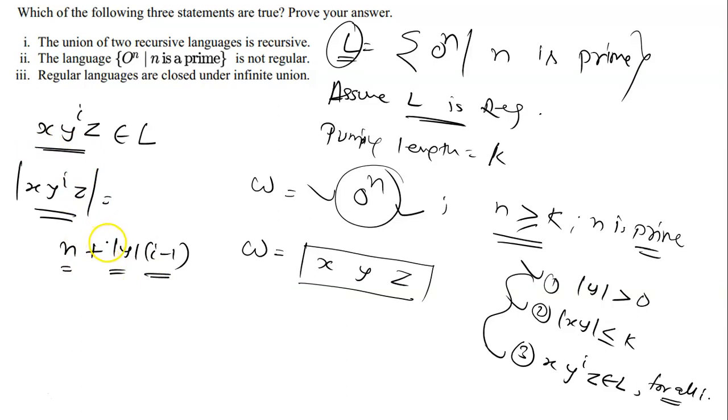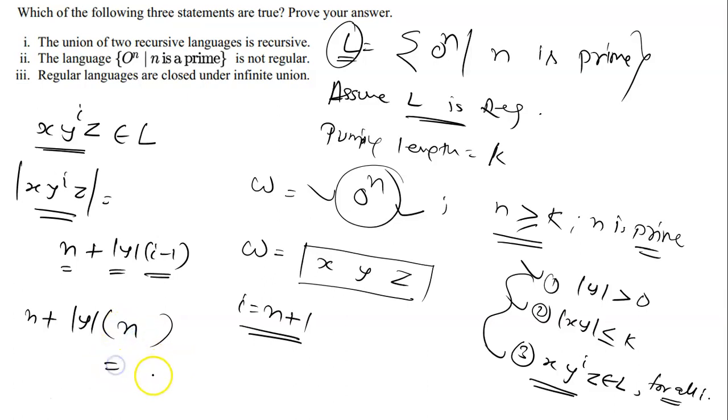Now what you can do is take i equal to n plus 1, because you know that this condition will be satisfied for all i. So we can take i equal to n plus 1. What will happen now? It will be n plus the length of y multiplied by (n plus 1 minus 1), that is n.